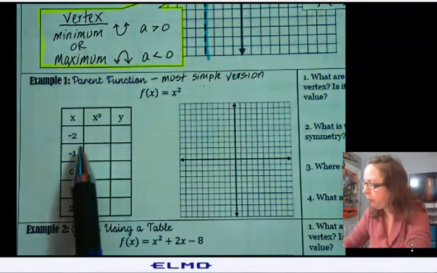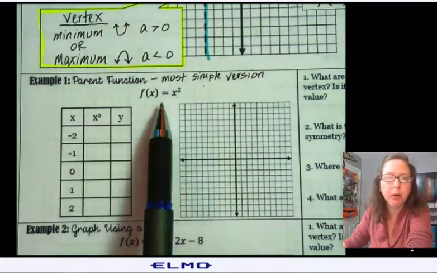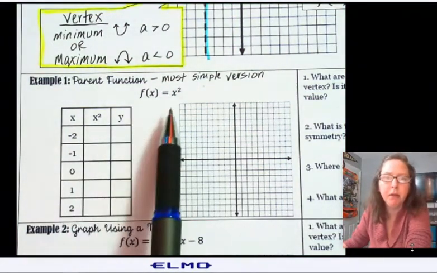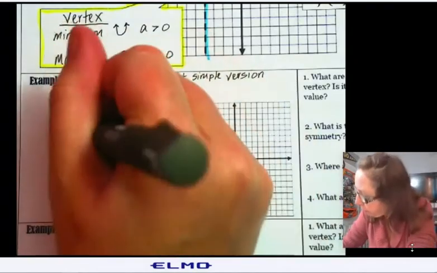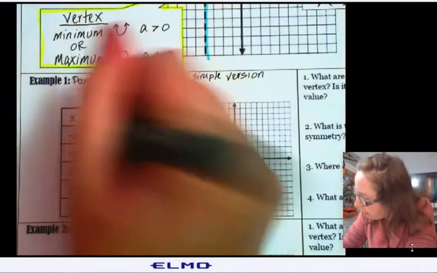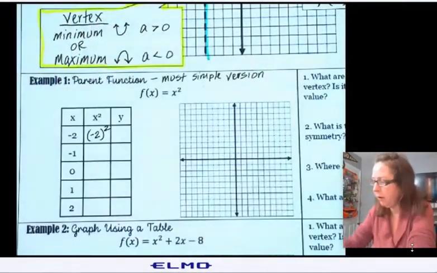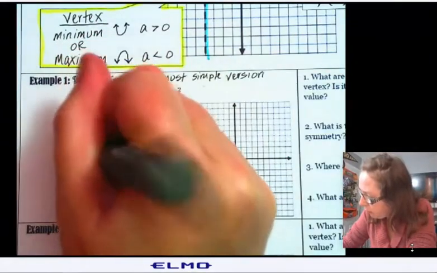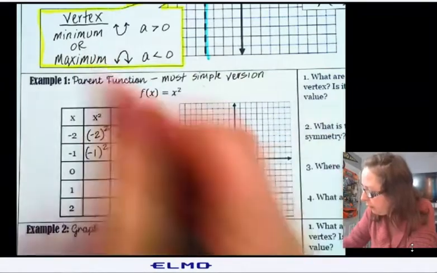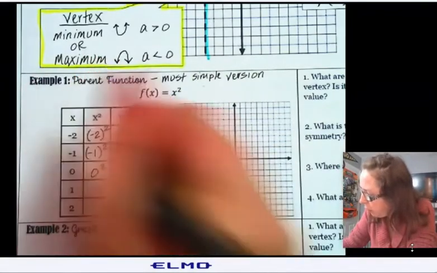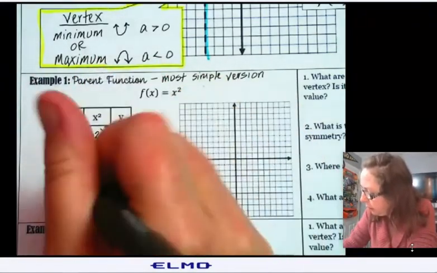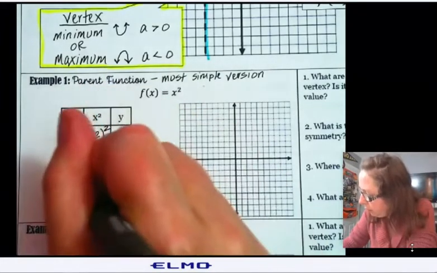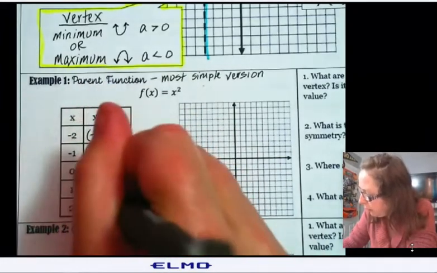To graph this, we take these x values and plug them in for x. Negative 2 squared is 4. Negative 1 squared is 1. 0 squared is 0. 1 squared is 1. 2 squared is 4.